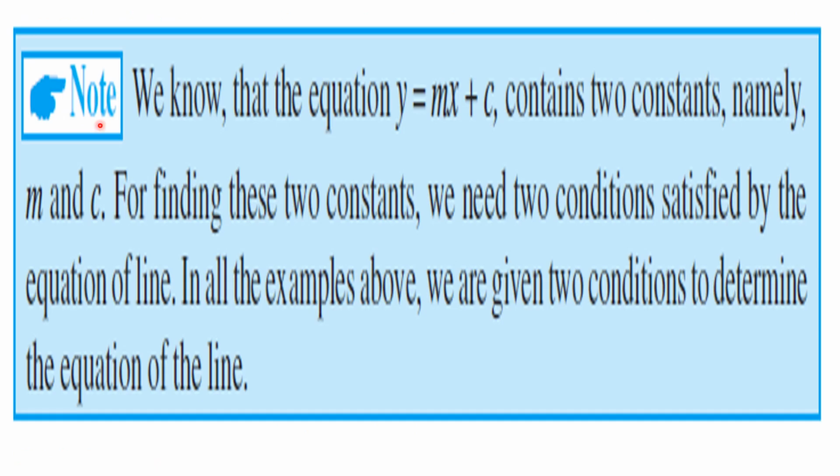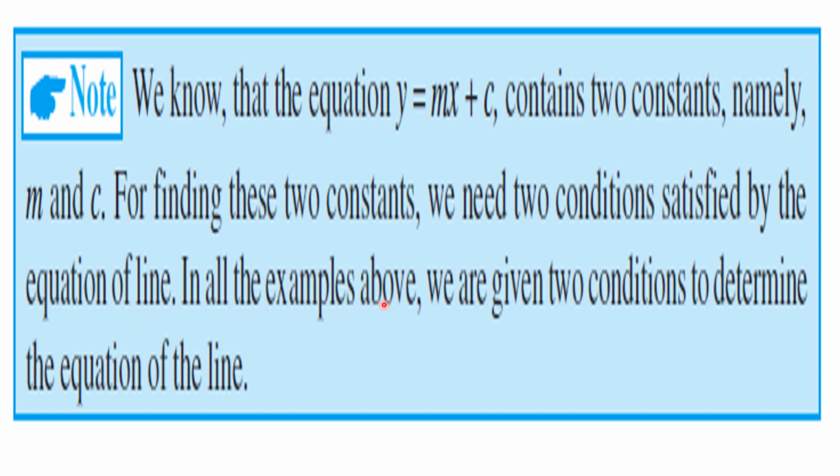Right. Finally, note, we know that the equation y is equal to mx plus c contains two constants, namely m and c. Okay, my children. To find the values of these two constants, we need two conditions satisfied by the equation of the line.